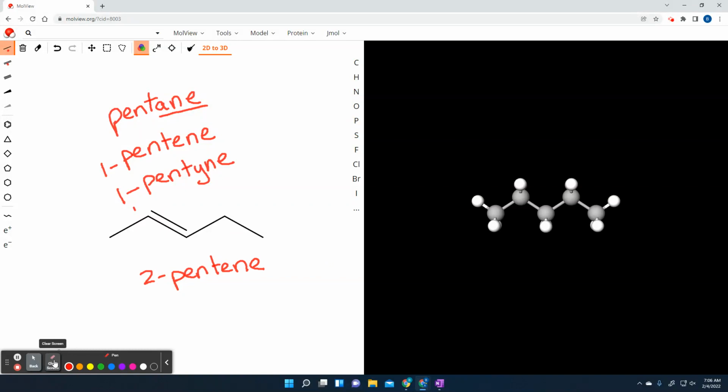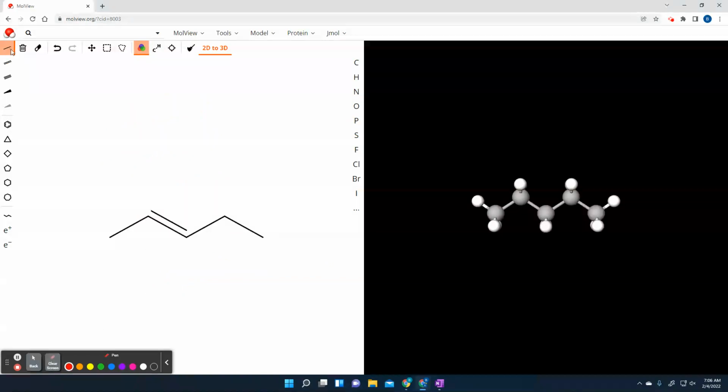Now if we clear this, remember it's same sort of ideas as before. If I was to move the double bond over again, at first it looks like that double bond is between carbon 3 and 4, but hopefully you guys are starting to see a little easier that, well, actually we would have to number from the right side and also call this a 2-pentene.